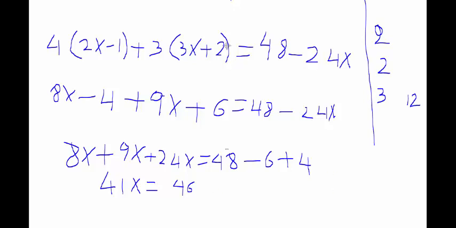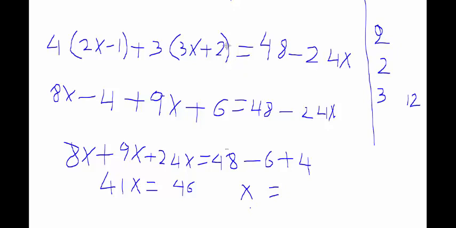And finally we have x, and we take 41 to the other side, and again 41, in order to go over here it has to pay its own ticket, and because this is 41 times, it will be divided, 46 divided by 41.